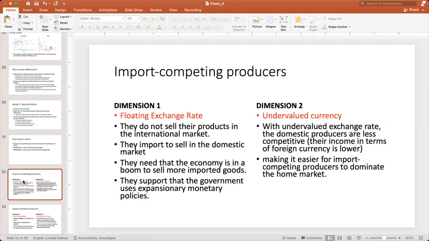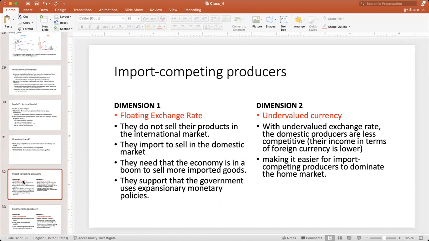So let's begin with group number 1, import competing producers. Dimension 1, they prefer floating exchange rates. Why? Because they are not selling products in the international market. They import to sell in the domestic market. So they need the economy to be in a boom to sell more imported goods.